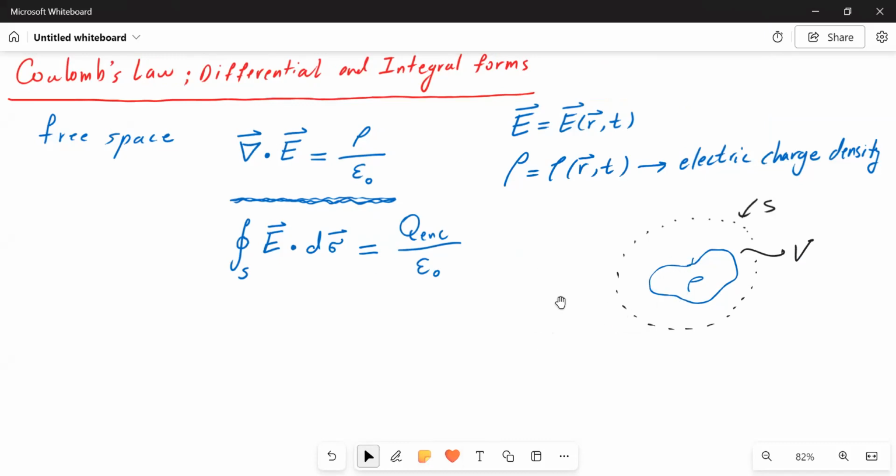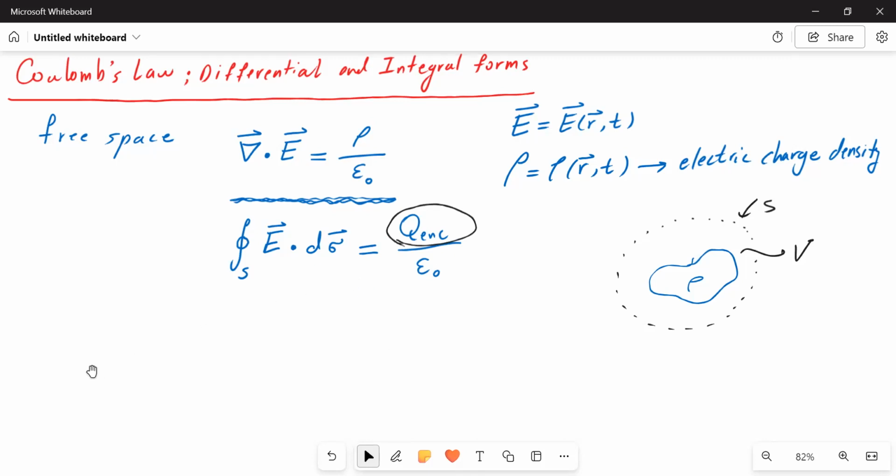And let us assume that the total charge inside this closed surface is given by this Q_enc. Q_enc stands for charge enclosed. All right. So this is Gauss's law, or in other words, the integral form of Coulomb's law.